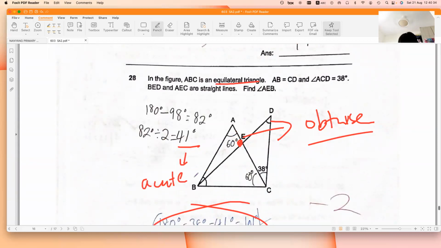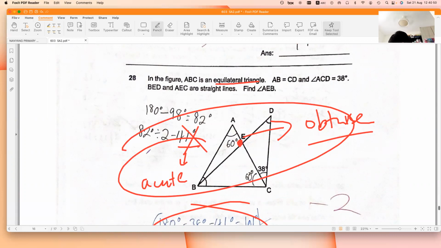So basically, I don't have to read the final answer. I know your answer is wrong already. This angle clearly looks to me like an obtuse angle. By having this answer, you are telling me you don't care about this paper. That means your attitude while doing this paper is not so good.